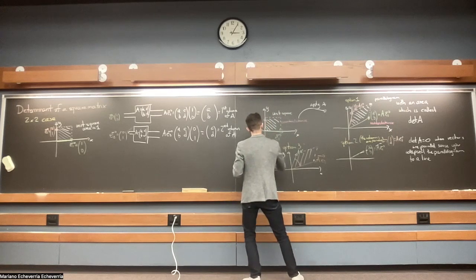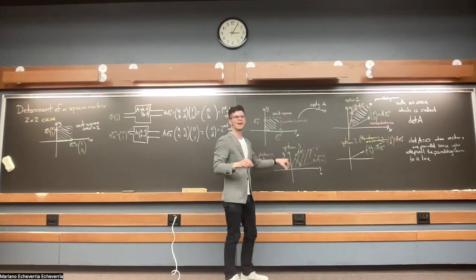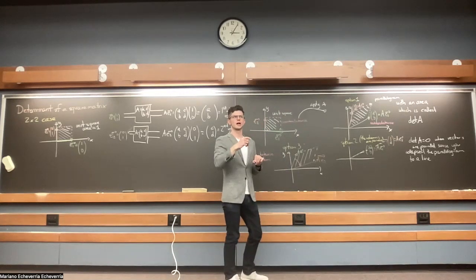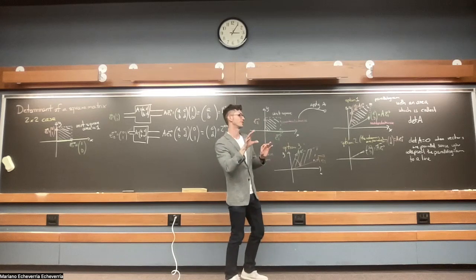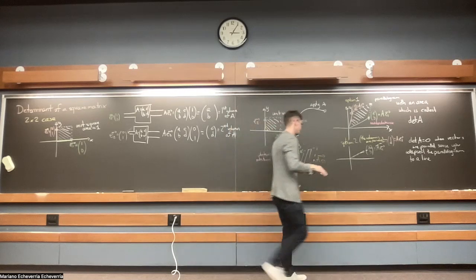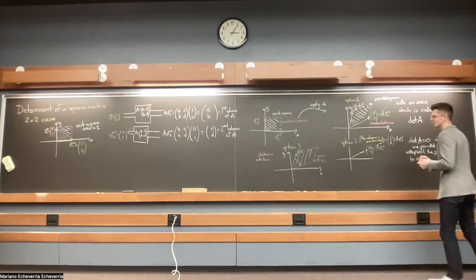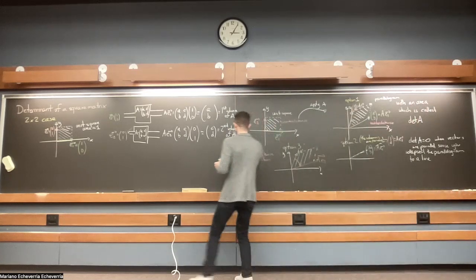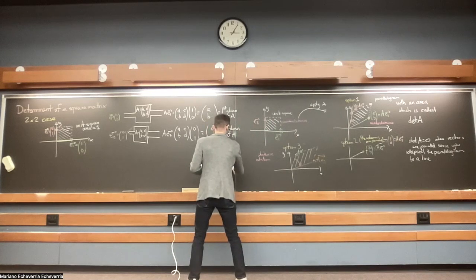And it is convenient to say that the determinant here should be minus the area. That way the determinant also takes into account the order in which the vectors appear. So in this case, the determinant of the matrix will actually be minus the area of the parallelogram.